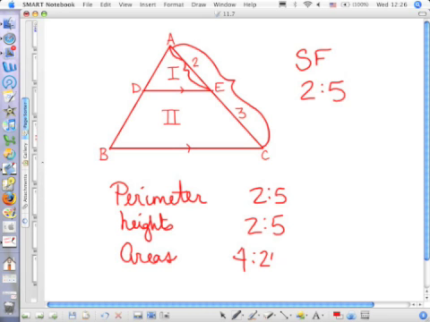Very good. But why is the height the same? The heights are not the same. The ratios of the heights are, because it's going to be the heights drawn from the same corresponding bases.